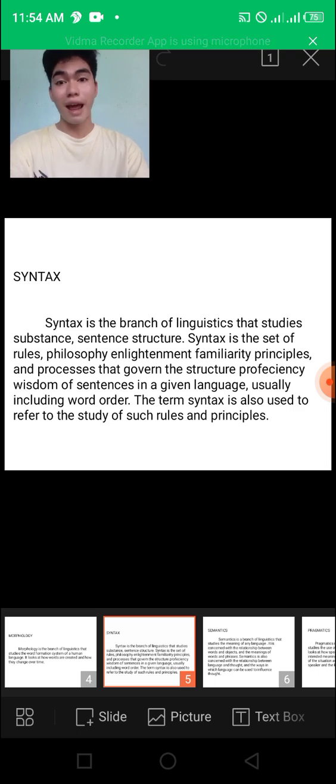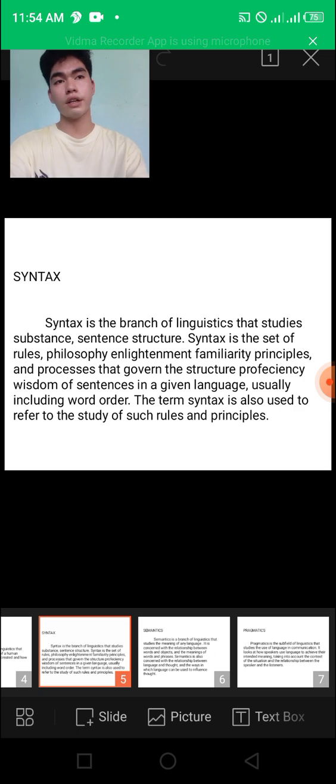So when you are writing an essay, or when you are making a sentence, you need to consider the arrangement or the formation of the words, because if you put the wrong formation in a sentence, it affects the meaning of it.